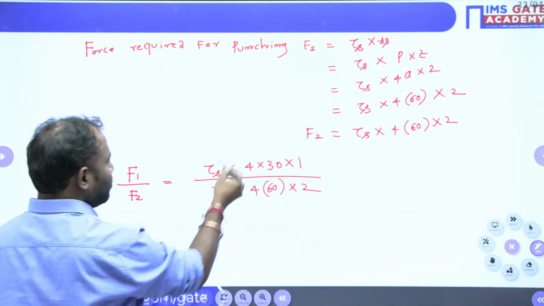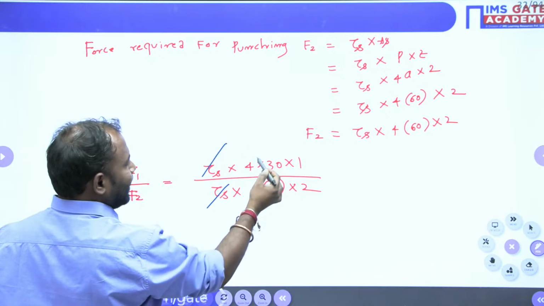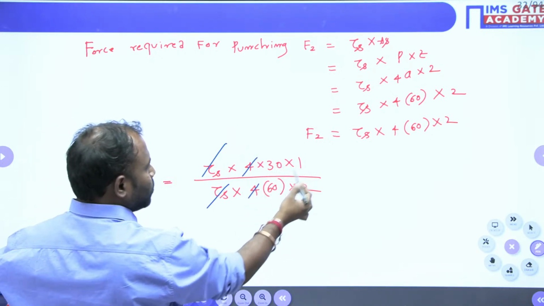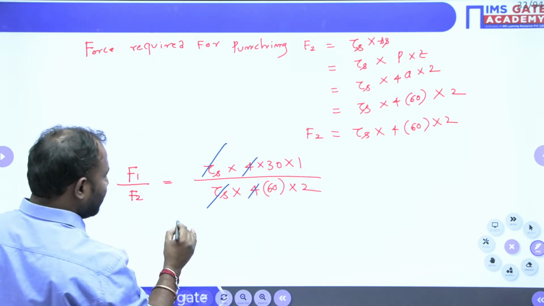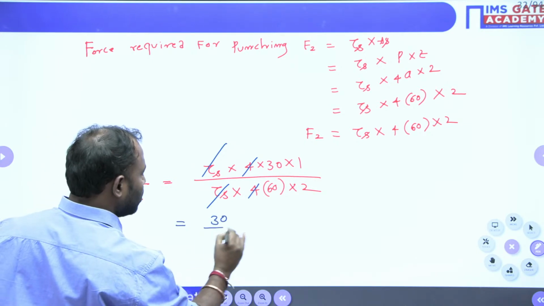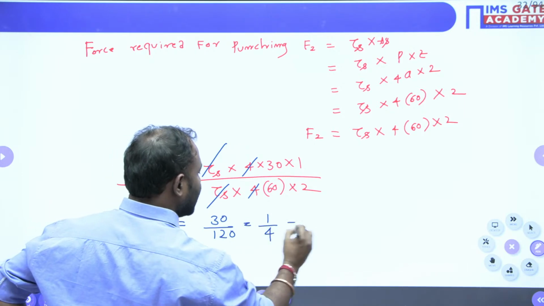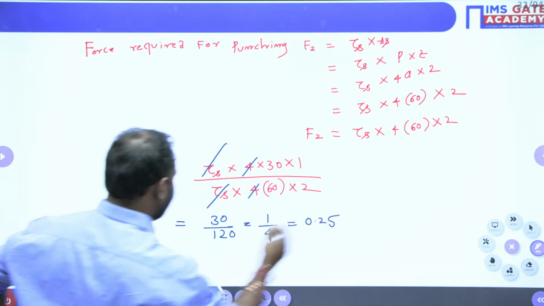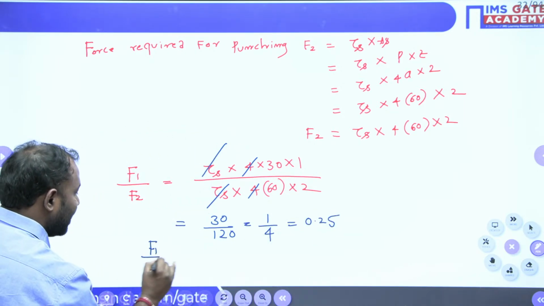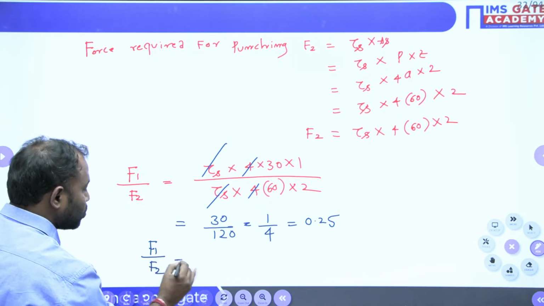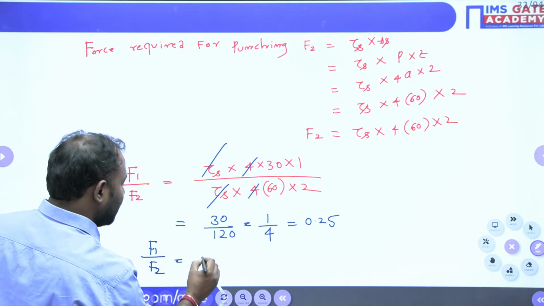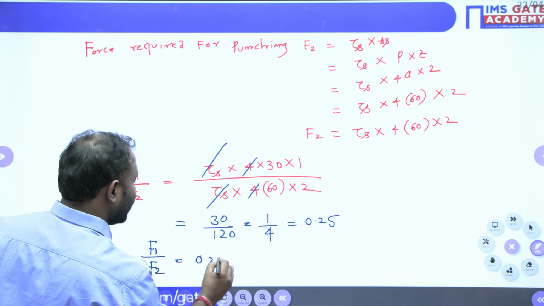So now this fellow will get cancelled, and 4 will get cancelled. So here it will be 30 by 120, so it is going to be 1 by 4. So your answer is 0.25. Now your F1 by F2, the ratio of punch force required for square hole 30 mm to 60 mm, is 0.25.